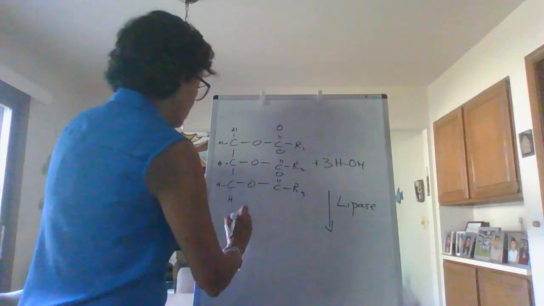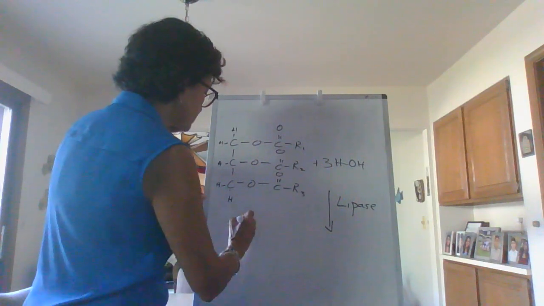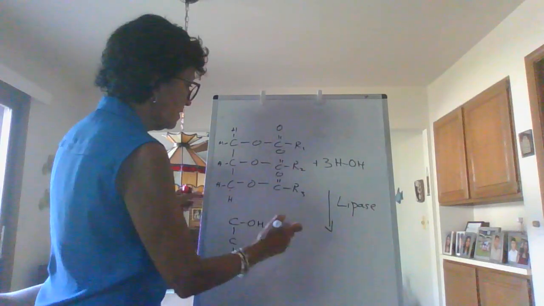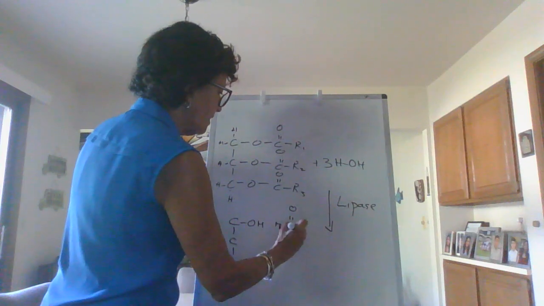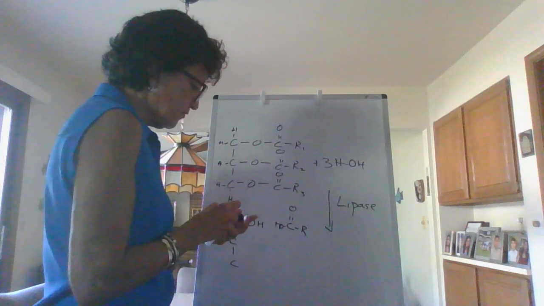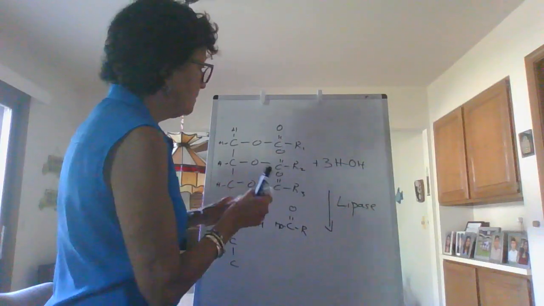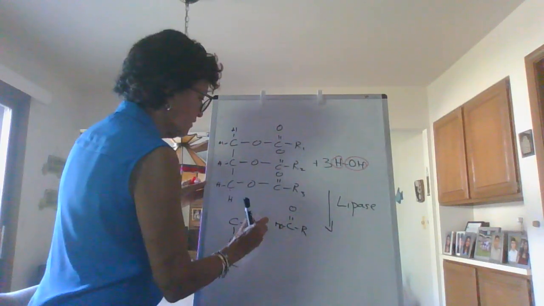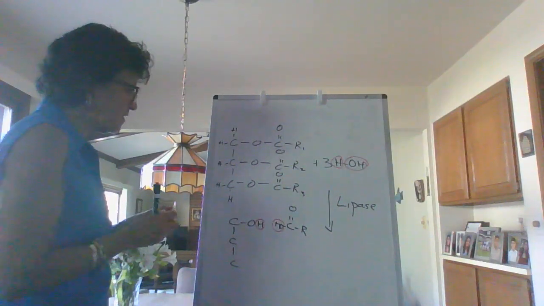So you break the ester bonds, you end up with an H coming here, OH coming here. See what we did? We have H, OH, H, OH. Broke the ester bonds. You guys see that?